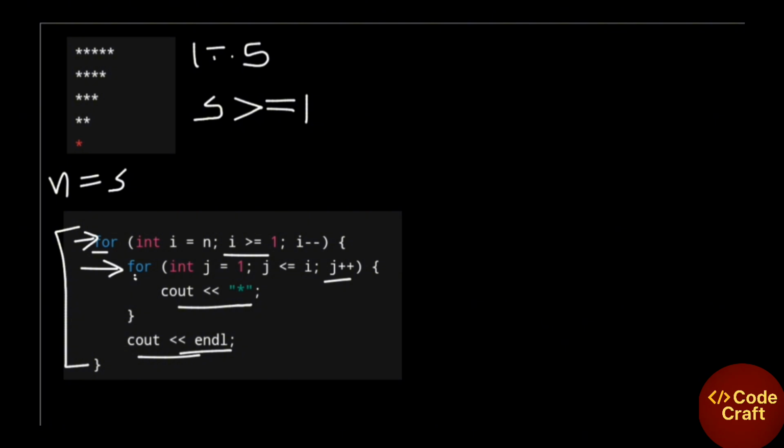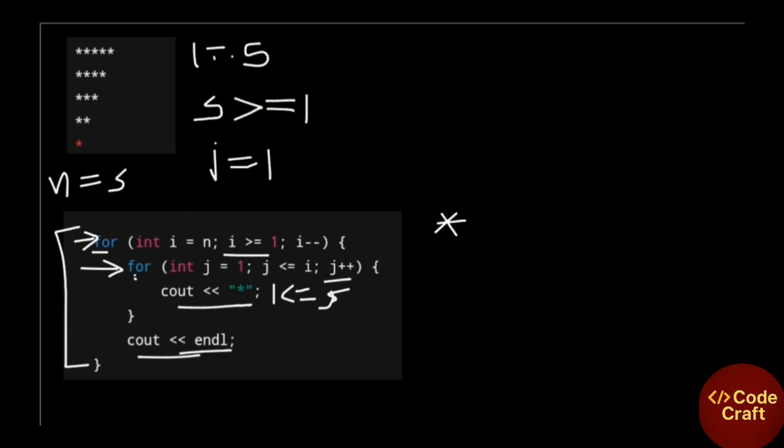After this condition check, the compiler enters the inner loop, where j is equal to 1 and j less than or equal to i. In the first iteration, j is 1 and 1 is less than or equal to 5, because the value of i is 5.